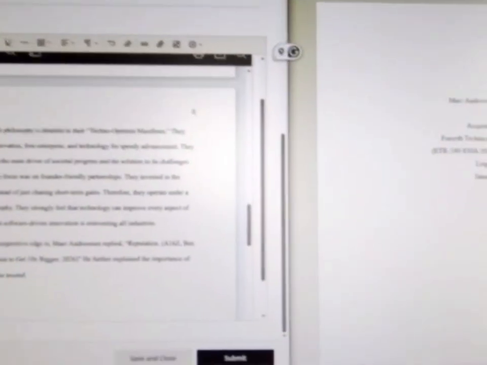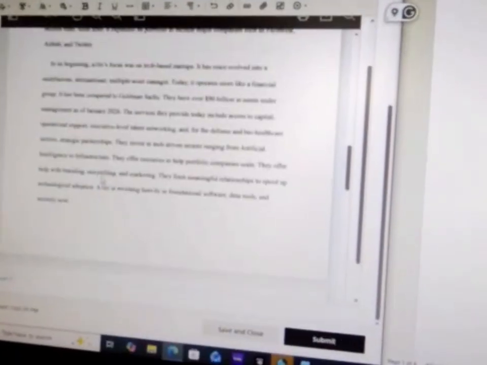It was a lot. This paper was only a page and a half, but I had to do it in APA form. This is the paper on Microsoft Word. I'll show you over here since this is the one that's moving. This is the paper with the APA.